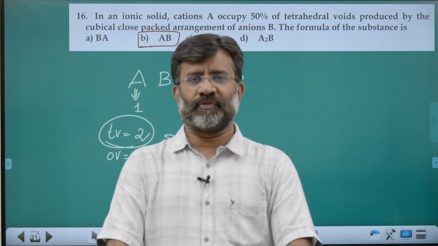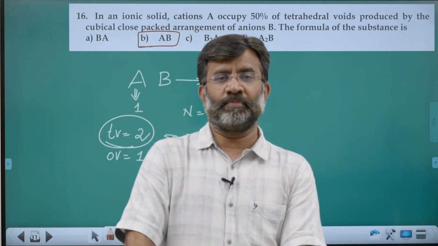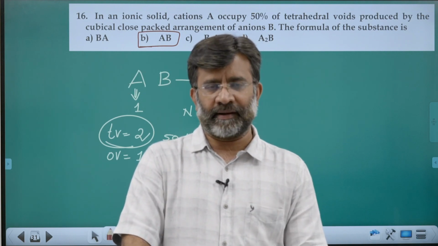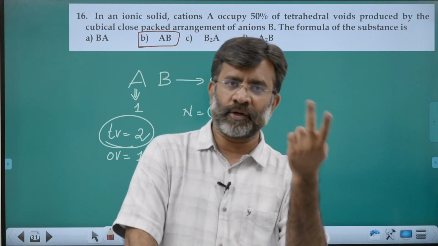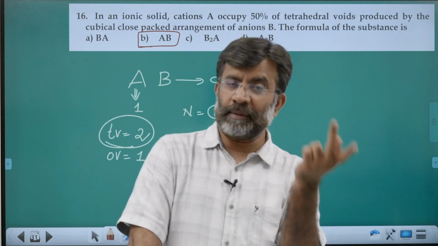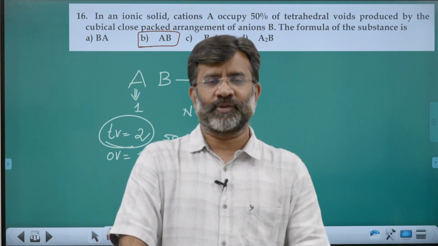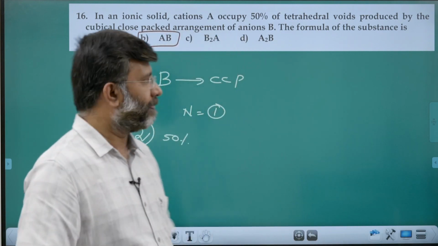Number of atoms of B, 1. B forms CCP, so let it be 1 particle. Then number of tetrahedral voids will be 2, 50% of that occupied by A, that means A will be 1. So A1, B1, AB. Next.